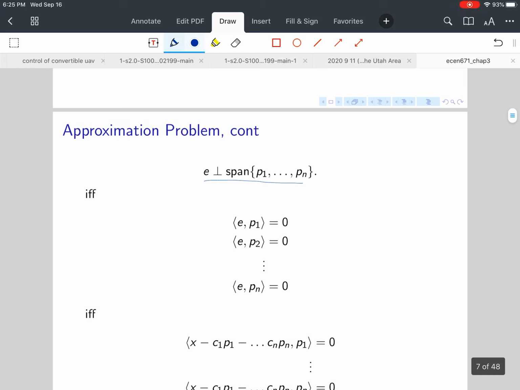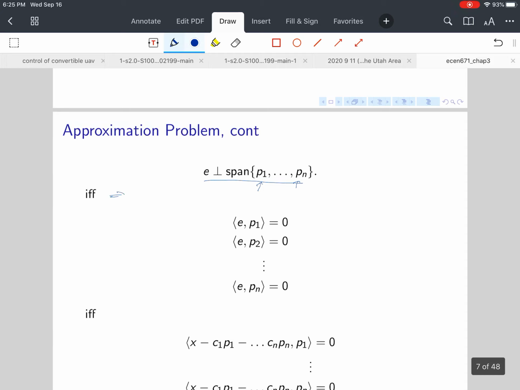What does it mean for E to be orthogonal to the span? It means that E is orthogonal to any linear combination of those vectors, and in particular it has to be orthogonal to each of these vectors.